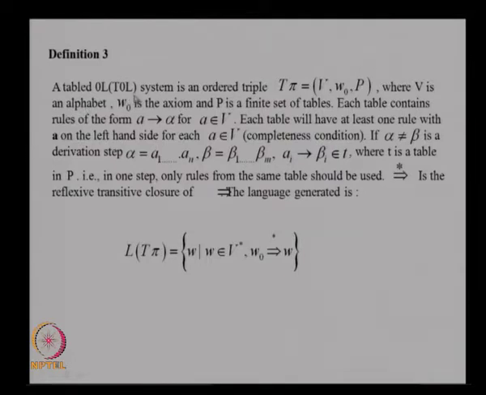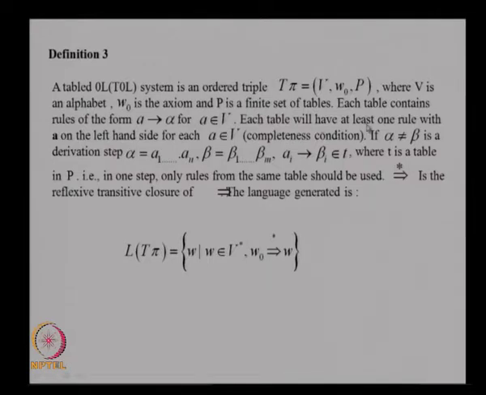A tabled 0L system is an ordered triple like this, denoted as G = (V, w0, P), where V is the alphabet, w0 is the axiom, P is the set of tables. Now, each table contains rules of the form A goes to alpha, where on the left hand side you have a single symbol and on the right hand side you have a string.